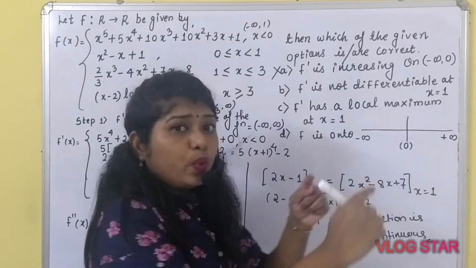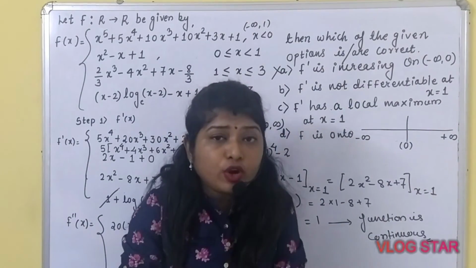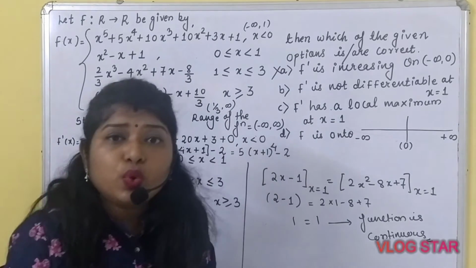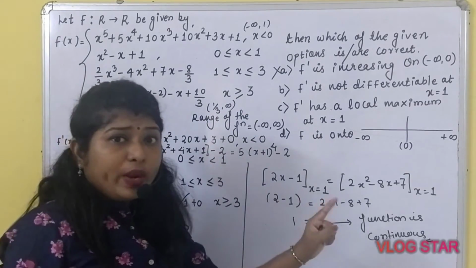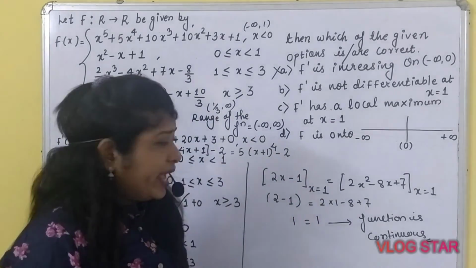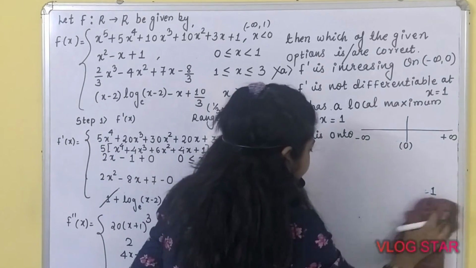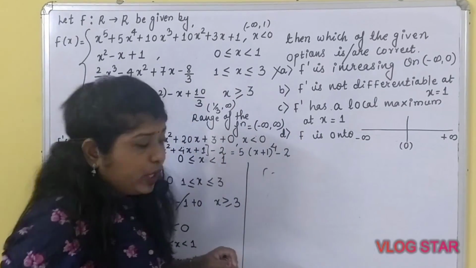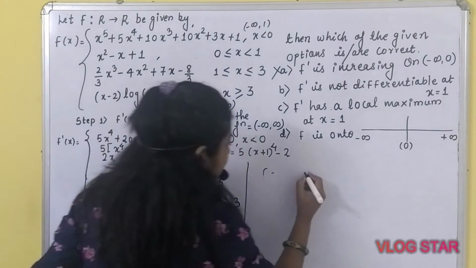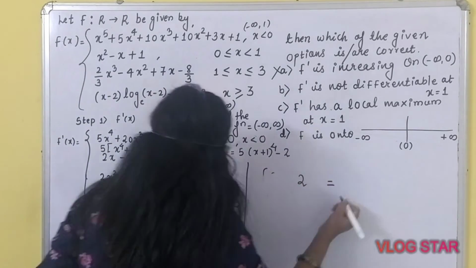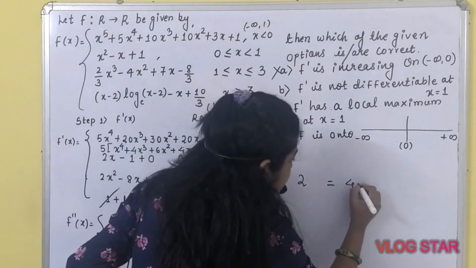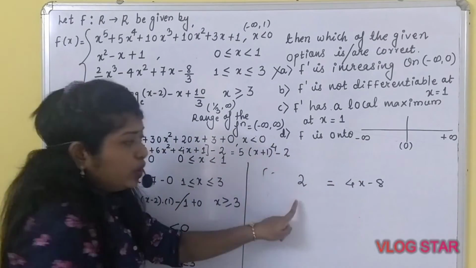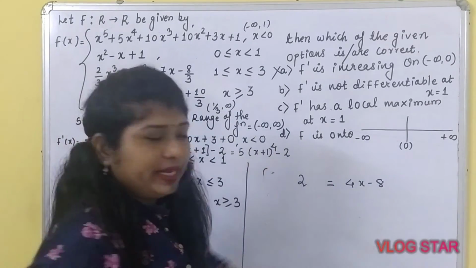But to find out whether it is differentiable or not differentiable, we have to equate f double dash where x is equal to 1. So if you are going to equate f double dash of x at x is equal to 1, you need to equate 2 and 4x minus 8.